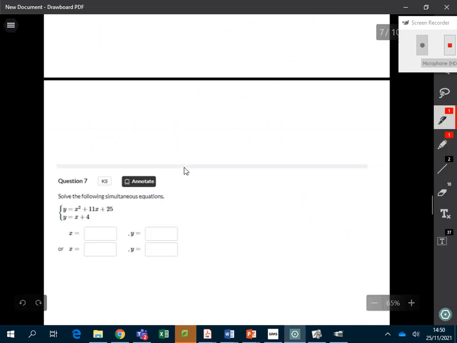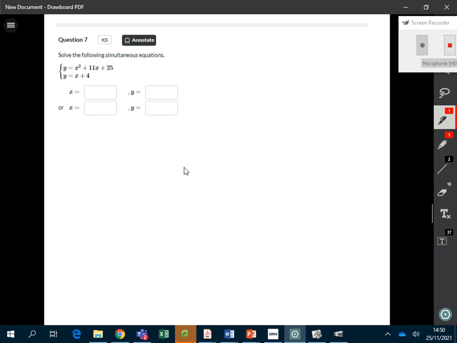Okay, question 7. So simultaneous equations, and not a particularly tricky one. You can substitute this easily into here because they're both of the form y equals. So if y equals x plus 4, then putting that in the top one, x plus 4 is equal to x squared plus 11x plus 25.